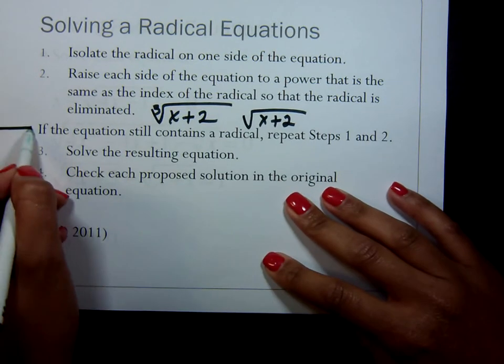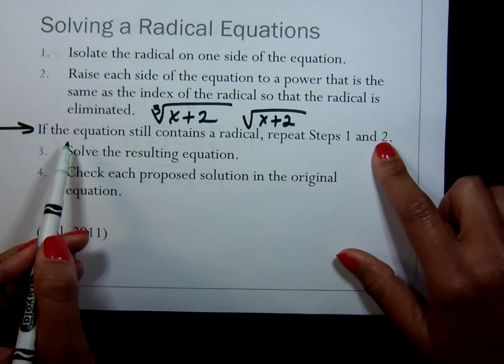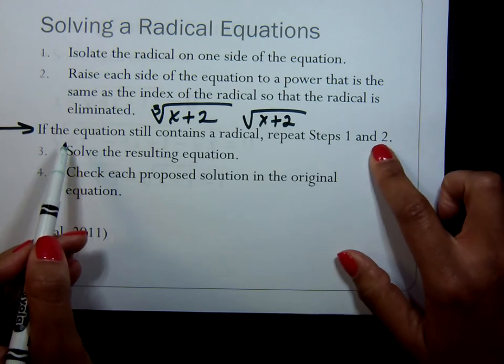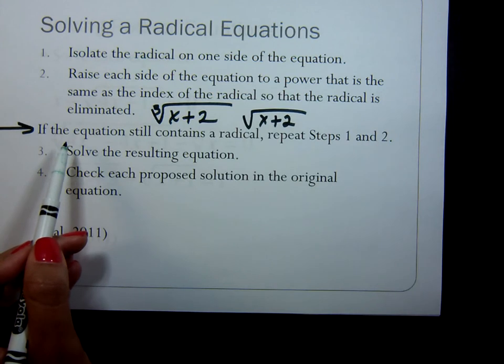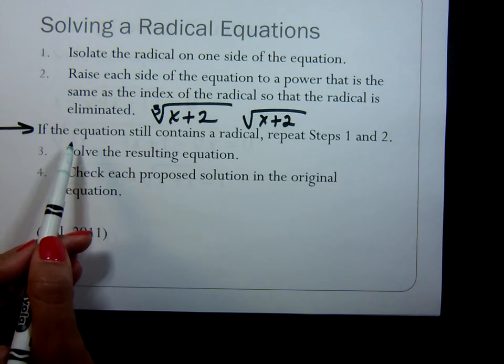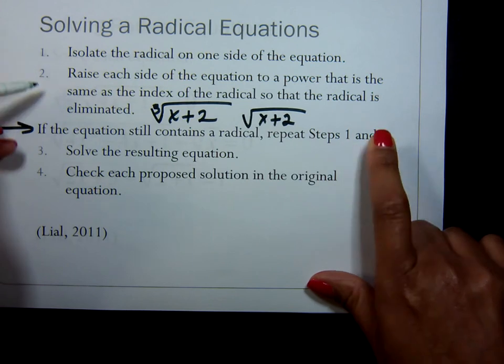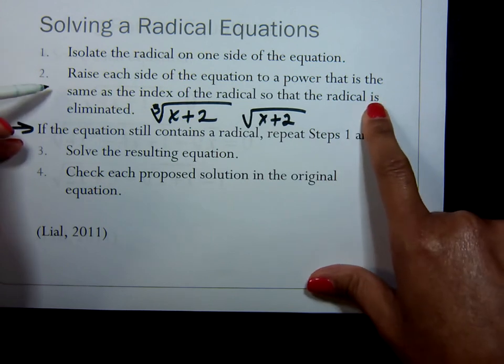Now, notice here that it says if the equation still contains a radical, repeat steps 1 and 2. That's saying that if we have more than one radical and we can only isolate one at a time, we work to isolate one and eliminate that radical, and then we work to isolate the remaining radical, and then we use the power property to eliminate it.